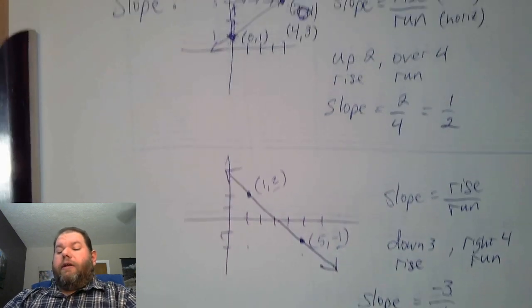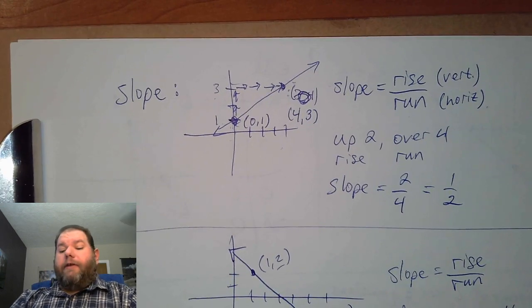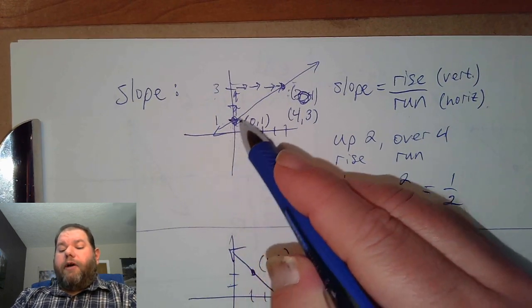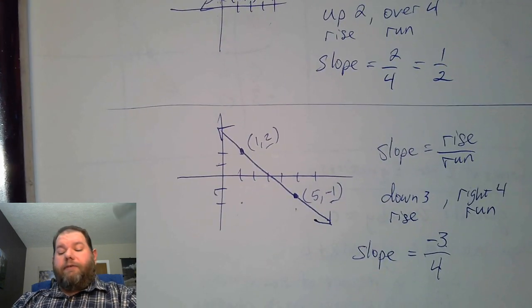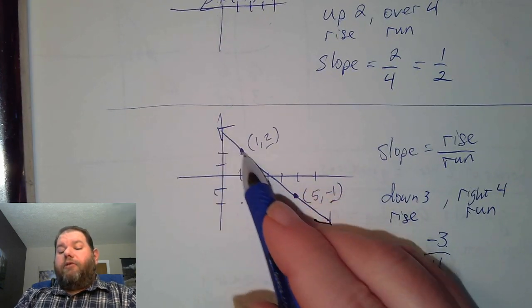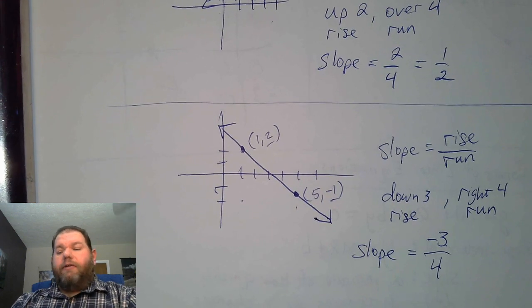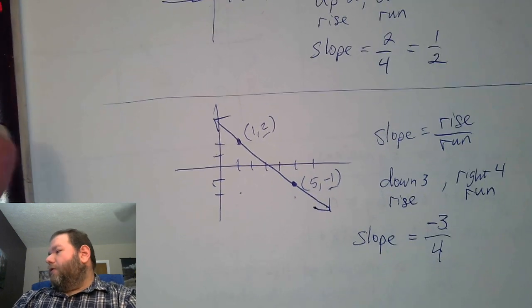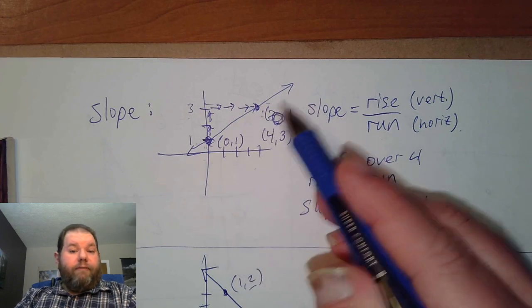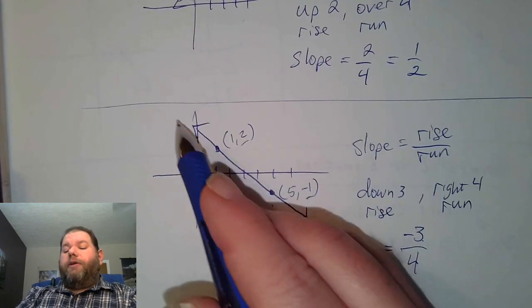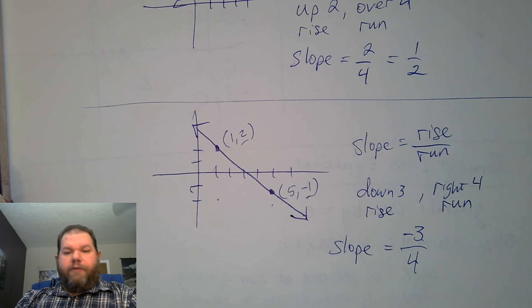So notice a line that has positive slope moves up as we go left to right, and a line that has negative slope moves down as we go left to right. Okay. So we would call this an increasing line or increasing function. This would be a decreasing line or decreasing function. Okay.